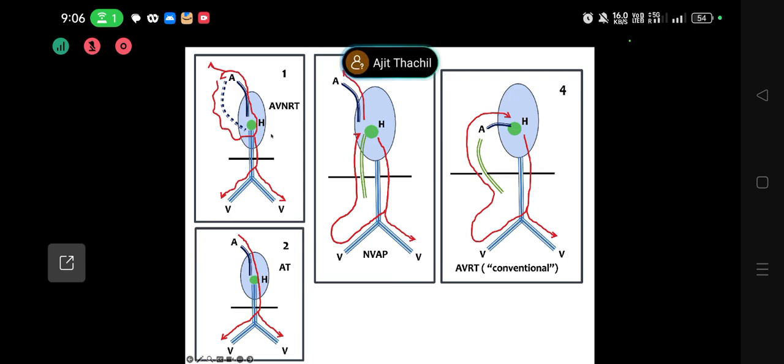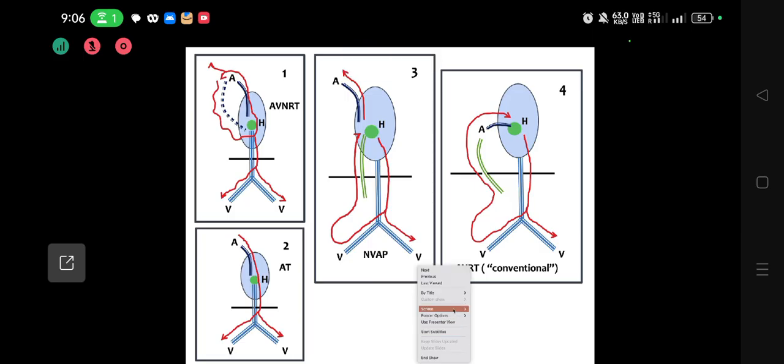Now, what we need to understand is that AV nodal reentry is actually a tachycardia contained in the atrium. The AV node is an atrial structure, except the penetrating His bundle. You can see the penetrating His bundle here.